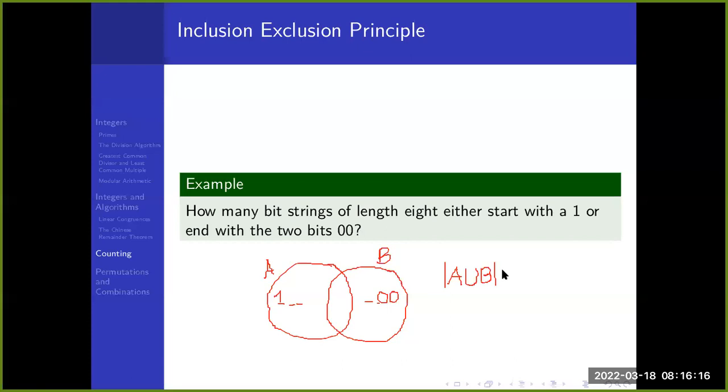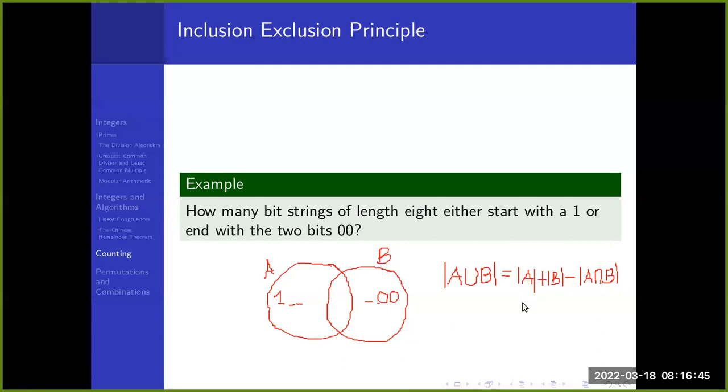We can apply the inclusion-exclusion principle immediately and we'll see that this should be given by the number of elements in A plus the number of elements in B minus the number of elements in the intersection of A and B, right? So that's applying the inclusion-exclusion principle.